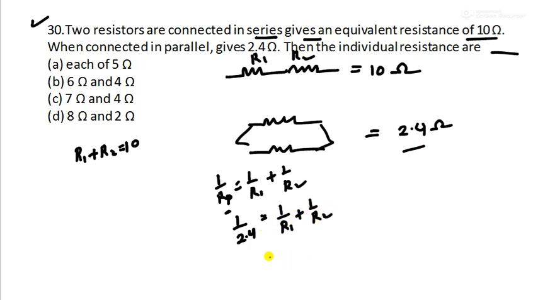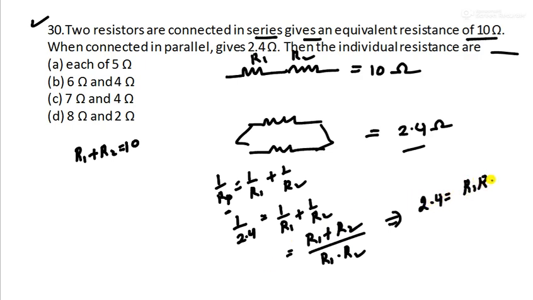When we solve this, it becomes R1 into R2 divided by R1 plus R2, just interchanging.